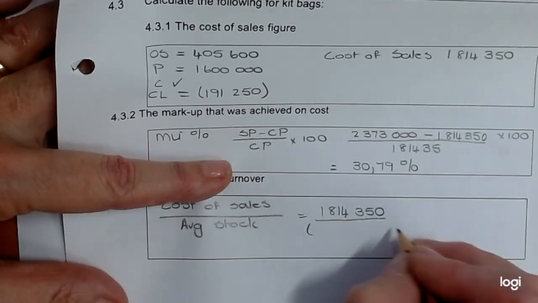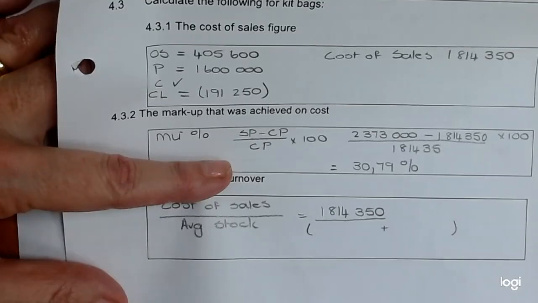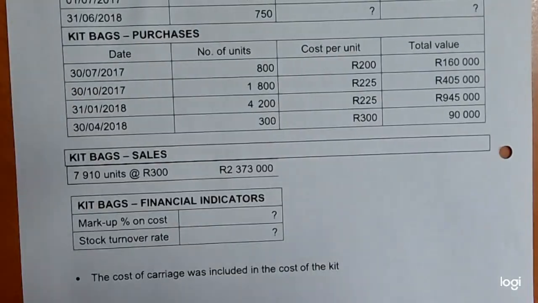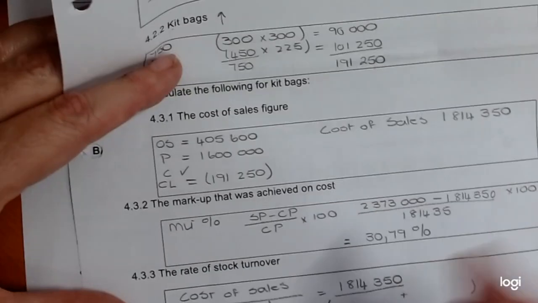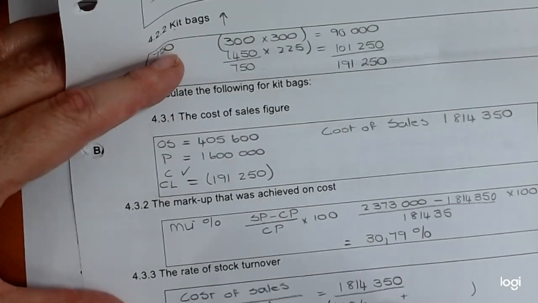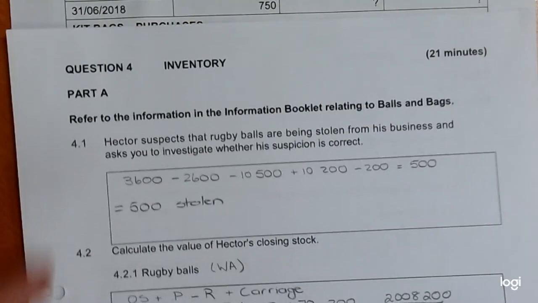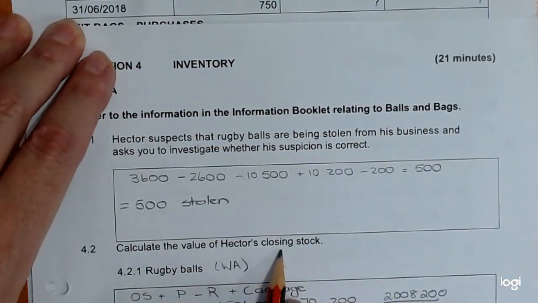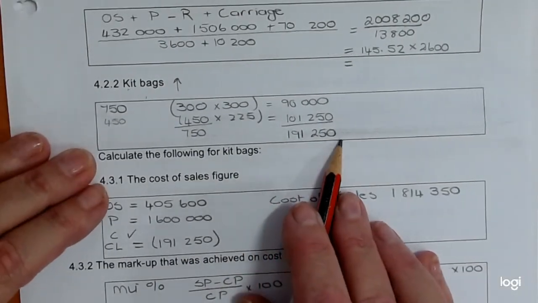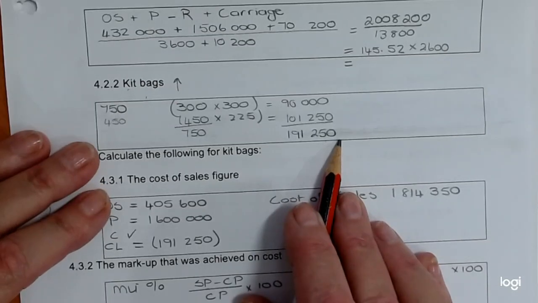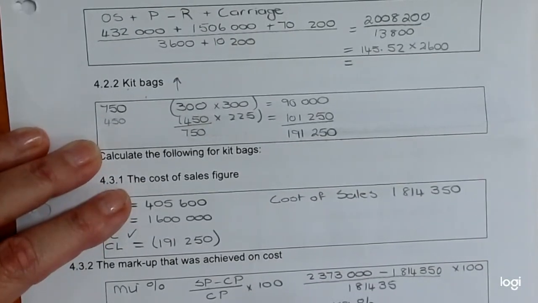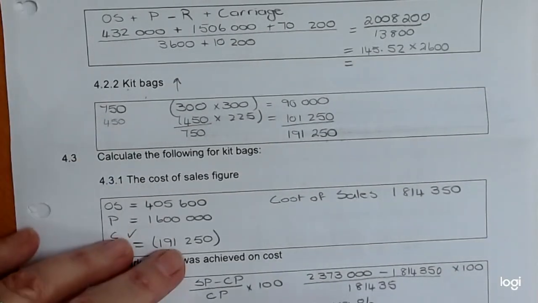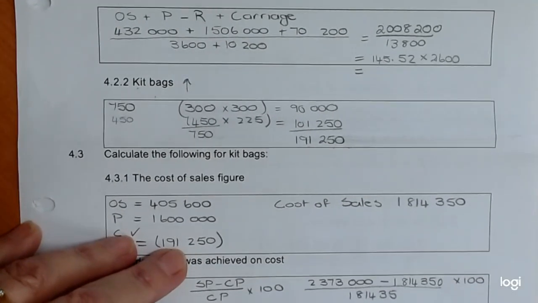Average stock is beginning plus end values, divided by two. So we've got the beginning, which is 405,600. And the end value, we know that we calculated the kickbacks closing stock as 191,250.